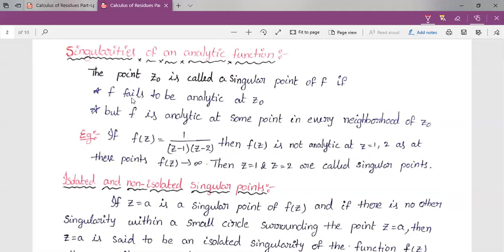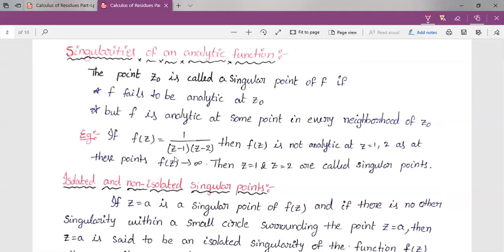So here we say that z0 is a singular point of f when it satisfies two conditions. Those are, f fails to be analytic at z0, which means f is not analytic at z0, but f is analytic at some neighborhoods of z0.